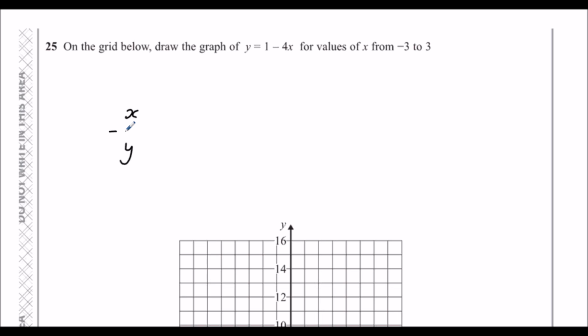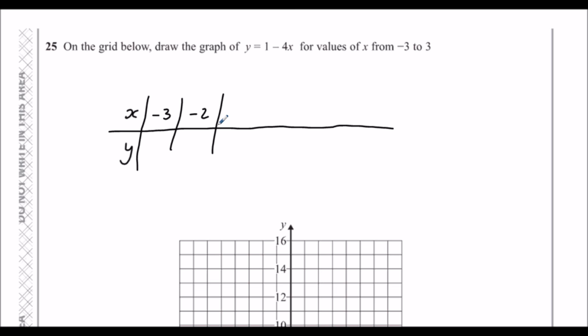It is a straight line graph, so we wouldn't have to work out all of the points. You can just do 3 points to make sure they line up. So let's work out, let's do the positives. It's usually easier to work with positive numbers.